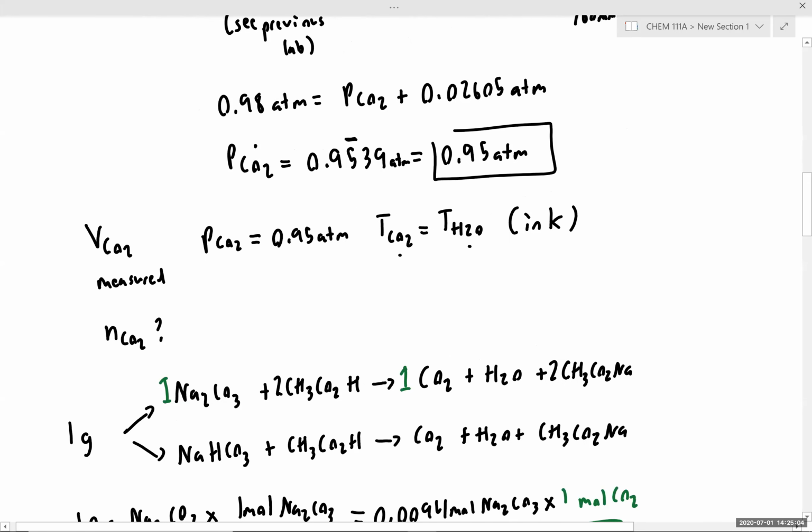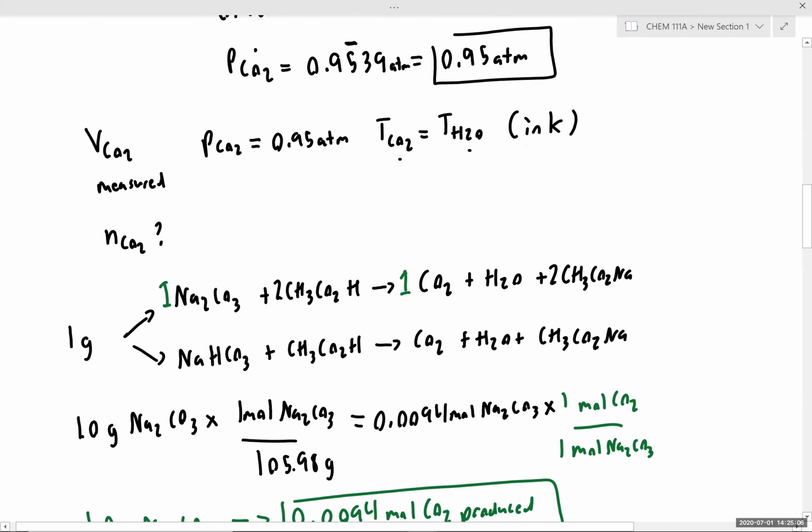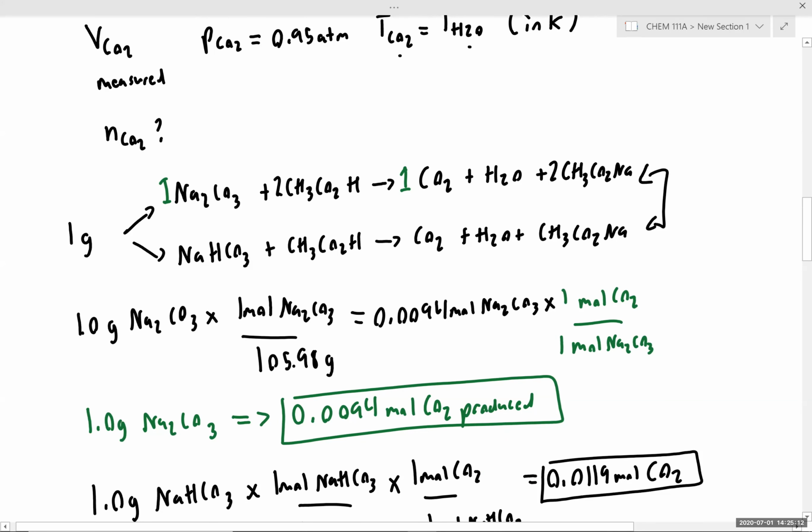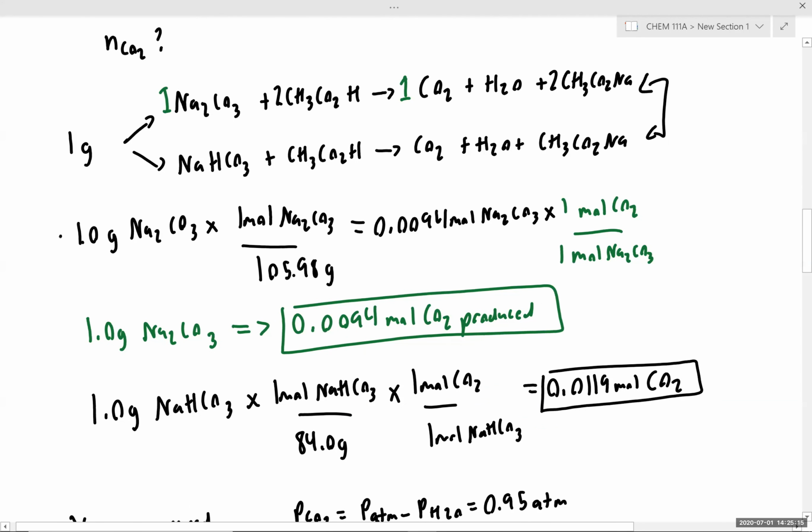Then, to calculate the moles of carbon dioxide, we use our balanced chemical equation and reaction stoichiometry to convert our 1 gram of sodium hydrogen carbonate or 1 gram of sodium carbonate into the moles of carbon dioxide.